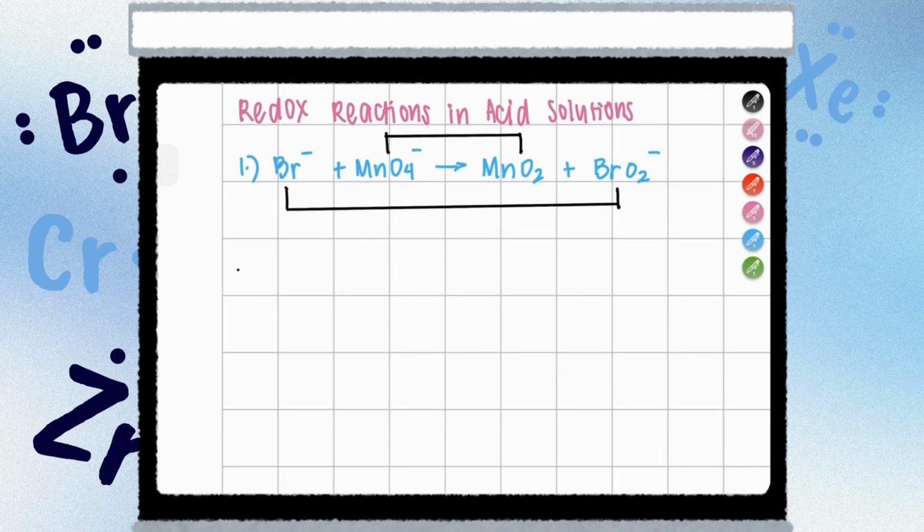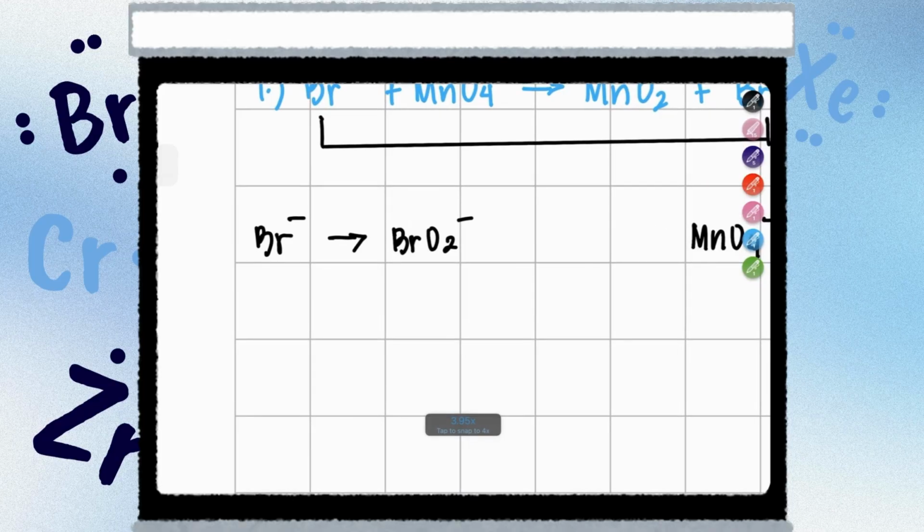So let's write Br minus and BrO2 minus, and MnO4 minus, then MnO2. Next, we have to find the charges, or compute for the charges, to find out which is the oxidation and the reduction side. So we have negative 1, since we have a negative charge, and in elements, it is equal to its charge. So in the second compound, we have BrO2 minus.